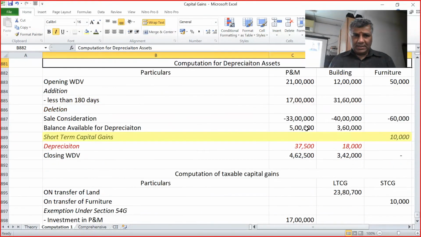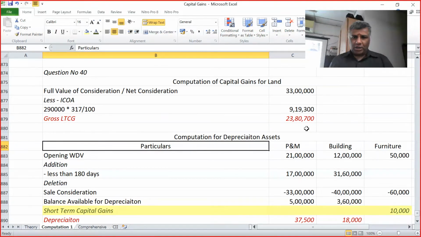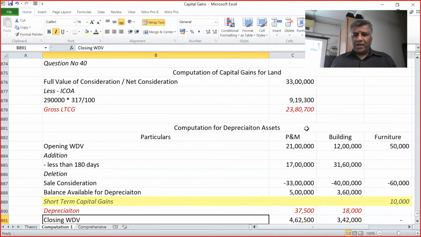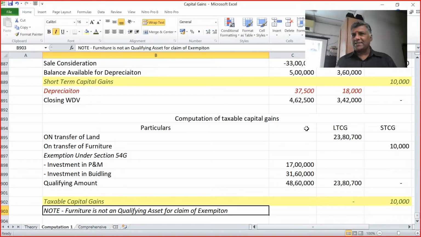This is the answer, 2380,700. You all got it. And for furniture, you got the short-term capital gain. When it comes to exemption, please understand, furniture is not at all a qualifying asset. The total qualifying amount might be 48 lakh 60,000 or more than that also.